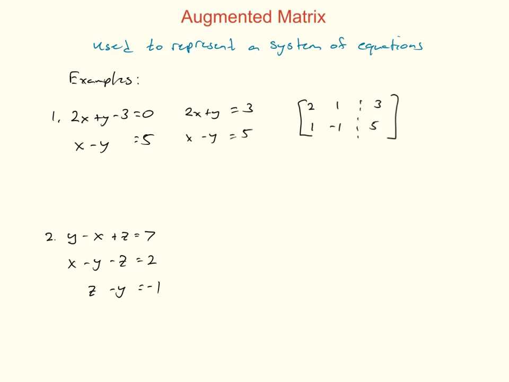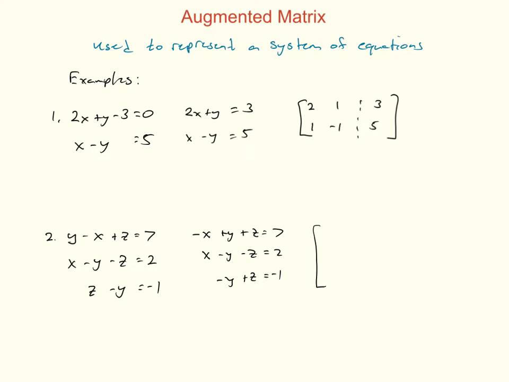The first equation will become minus x plus y plus z equals 7. The second one will be x minus y minus z equals 2. And the third will become, there's no x, so just minus y plus z equals negative 1. And so I want to write that now as an augmented matrix.